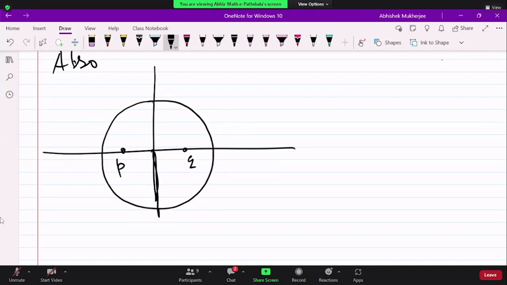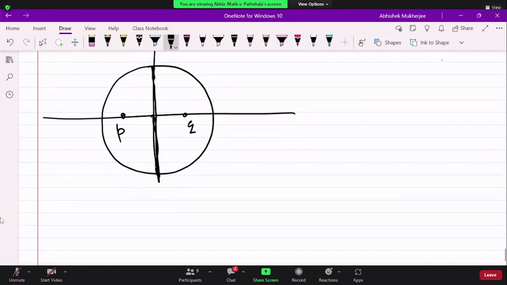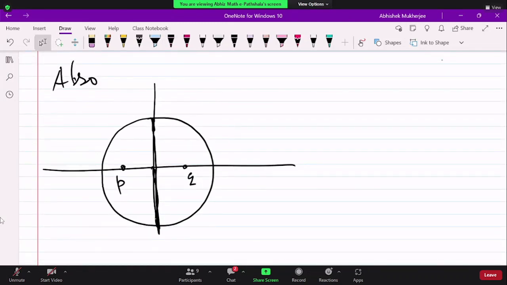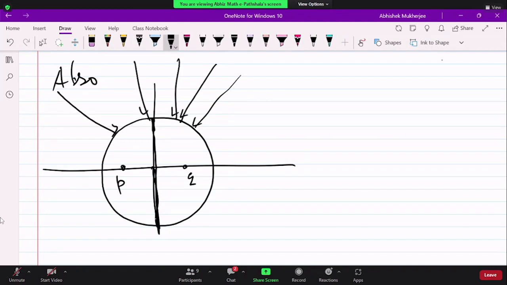Okay. Now we are going to consider this segment also. Firstly, this is a natural retraction, that is projecting each point outside that circle to this circle. Okay. And you are getting the resulting space.